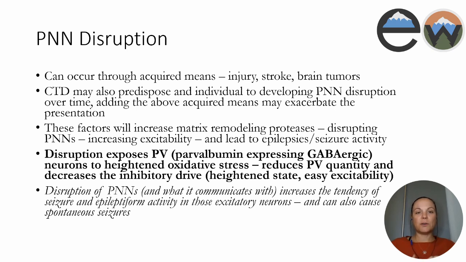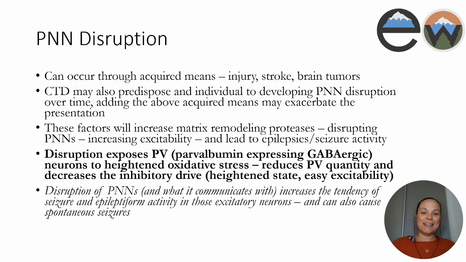Connective tissue disorders themselves can also predispose someone to developing perineural network disruption over time, because of the fact that we are more likely to have the barrier breakdown. The barrier breakdown causes astrocytes and microglia activity, which can disrupt the perineural network. It's like dominoes falling, right? So it puts you at increased risk to having an issue with the perineural network. Not everybody, but some for sure.